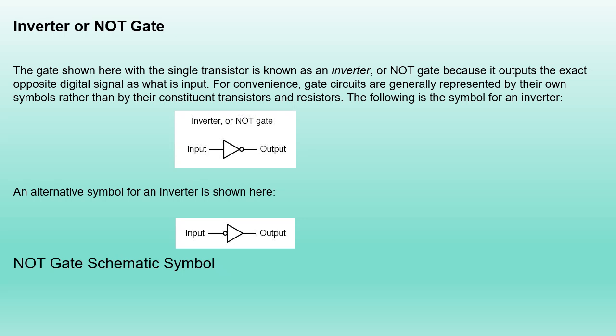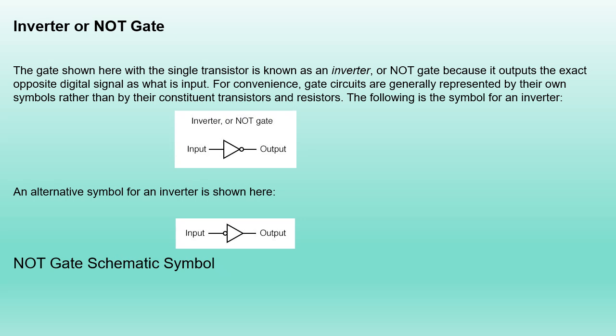Gate circuits are usually shown with special symbols rather than with transistors and resistors. The inverter symbol is a triangle with a small circle indicating inversion. NOT gate schematic symbol.